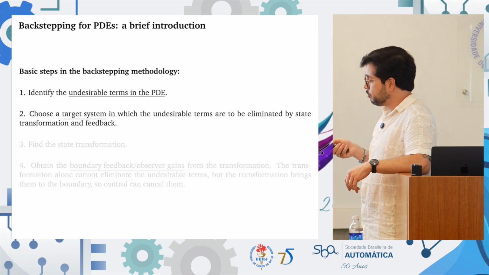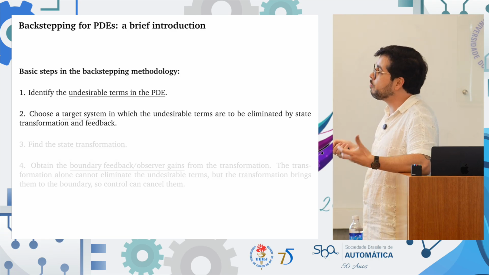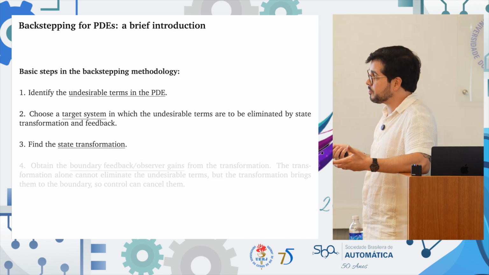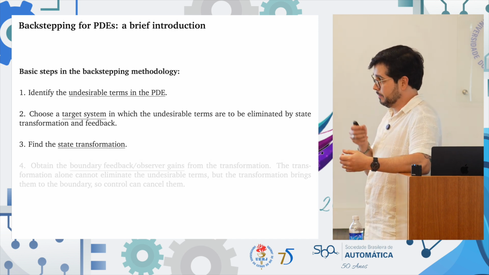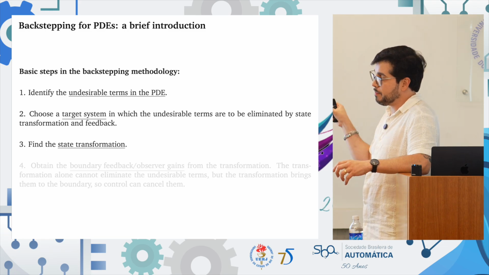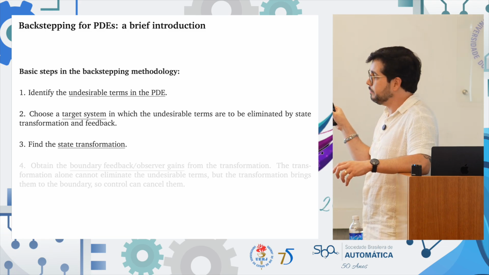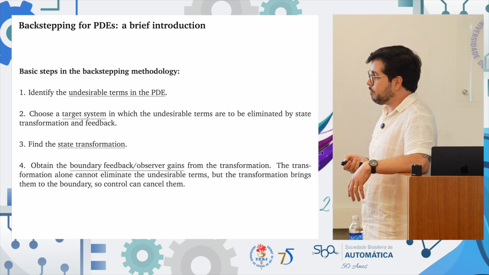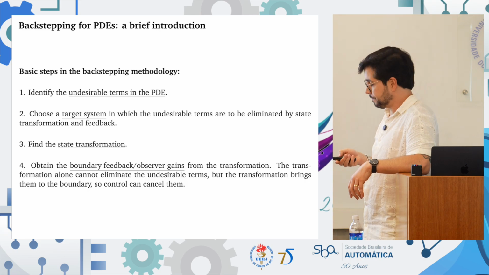Then we choose a target system which removes the undesirable terms that make the system unstable. Then we find the state transformation that maps this unstable system to the stable one. And then we find the boundary feedback or the observer gains from the transformation.